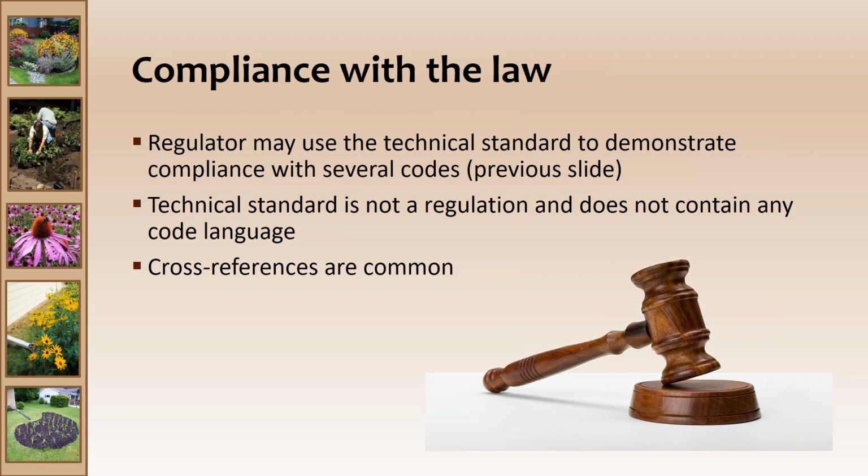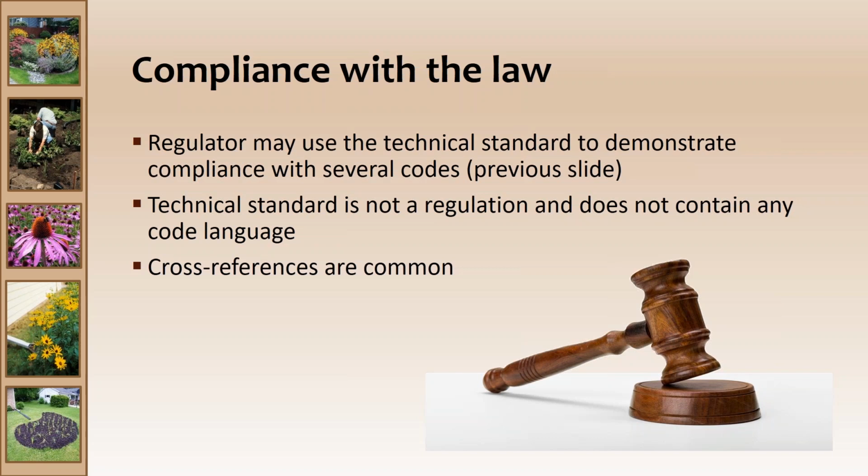There are a few cross-references in codes to standards, and in this case, we actually included a cross-reference in the standard back to the code, which is NR 151, just to let people know that they can use the rain garden standard or practice to meet the infiltration requirements contained in that code.